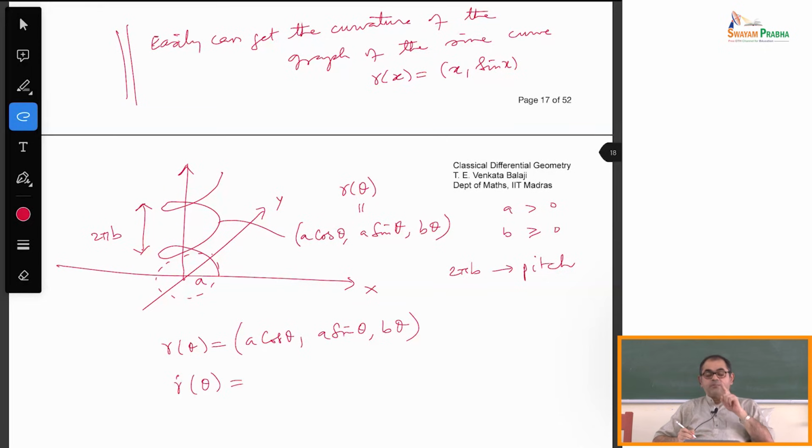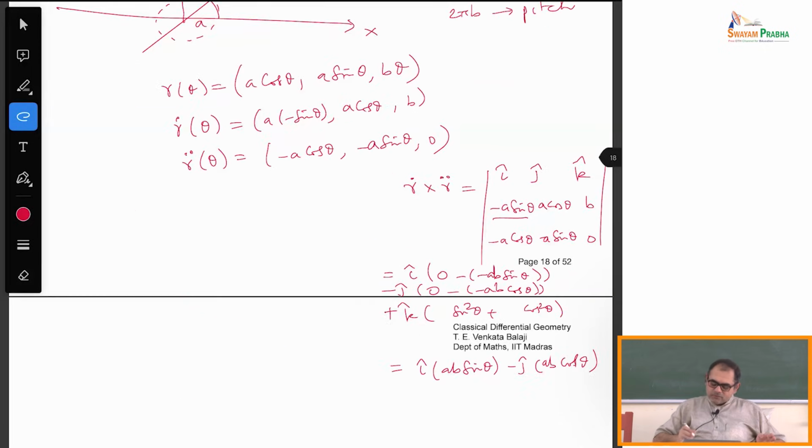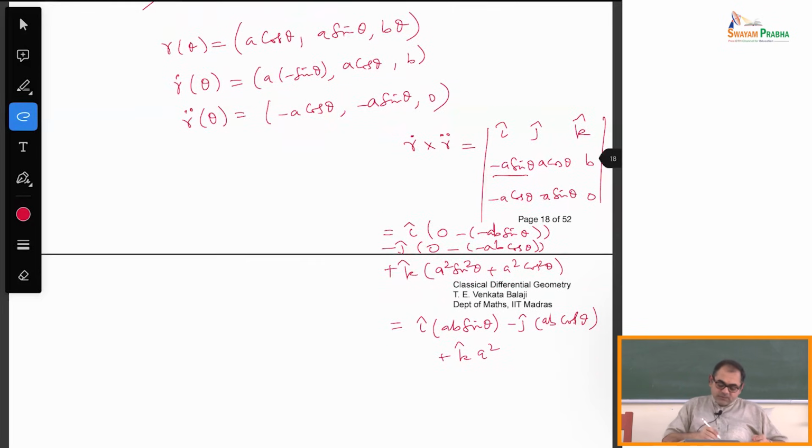Now you see dot means d by d theta. So I'm going to get a squared here, and I'm going to get another a squared here, and I hope the sign is correct. Yeah, so plus I'll get k cap into a squared. So let me write this out.